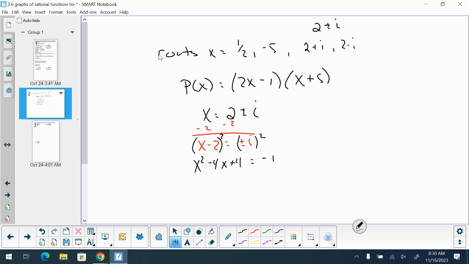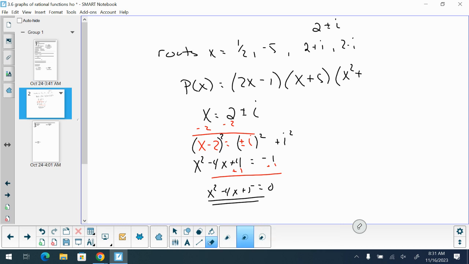The plus or minus will cancel out with the square. It makes us positive, gives us positive i squared, and i squared gives us -1. So then we can add 1. We have x squared minus 4x plus 5 is equal to 0. And this would be your last factor, x squared minus 4x plus 5, as our polynomial.